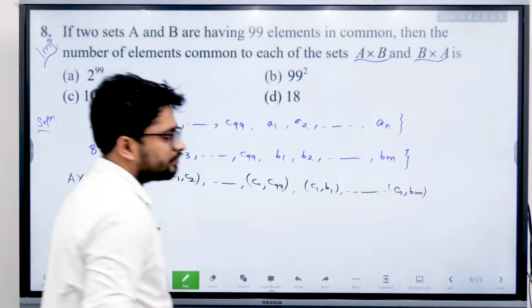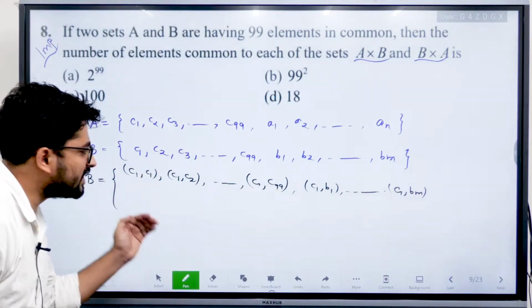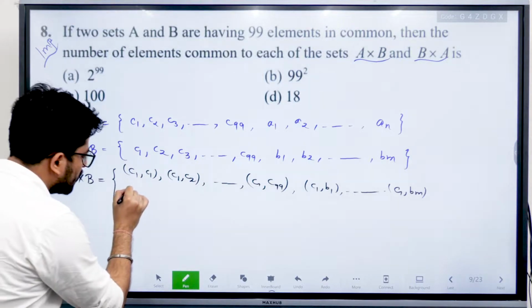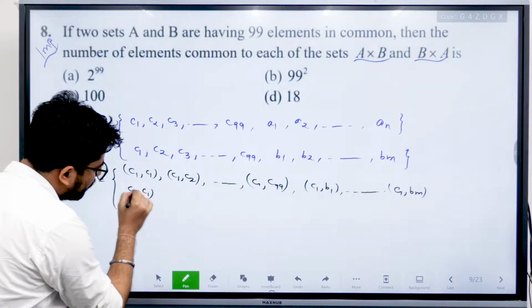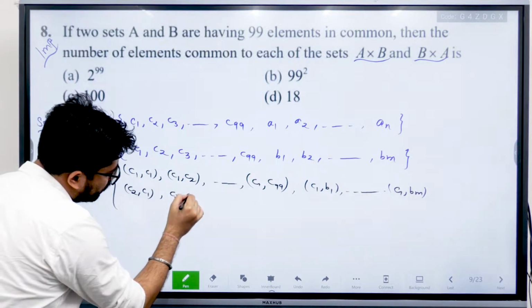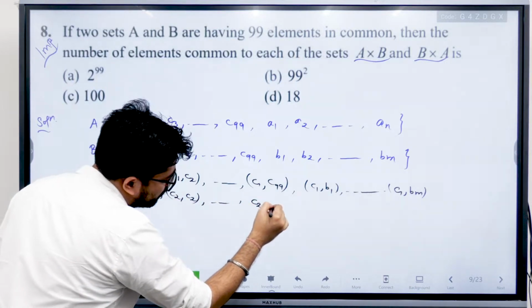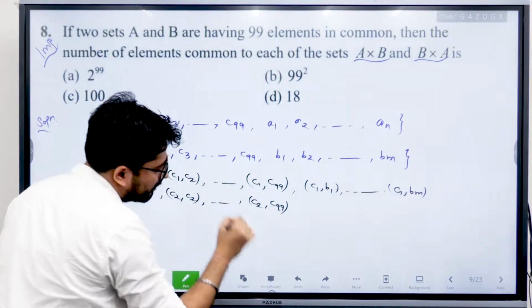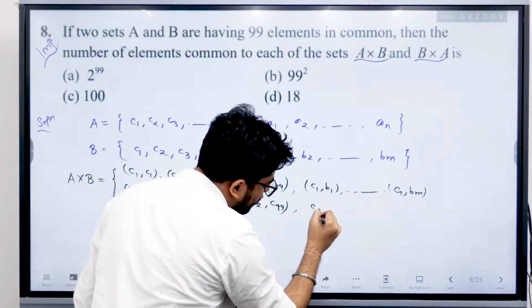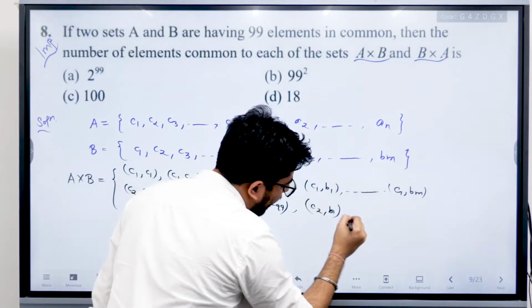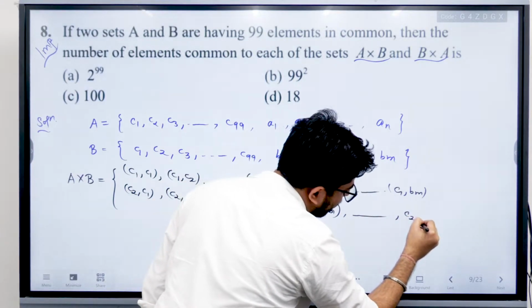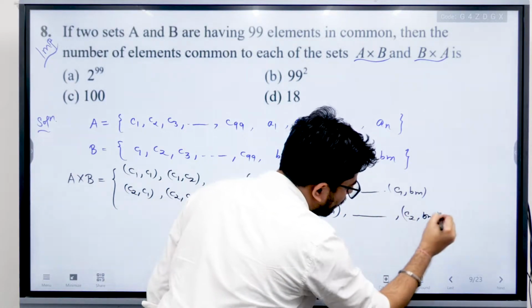Similarly you have this thing for C2. So, C2 comma C1, C2 comma C2 and so on, C2 comma C99. Okay, and then you have C2 comma B1 and so on, C2 comma Bm.